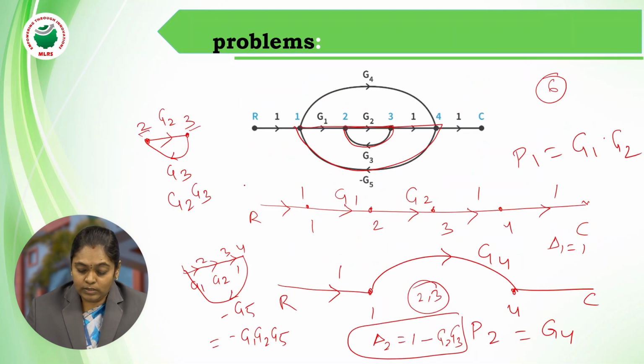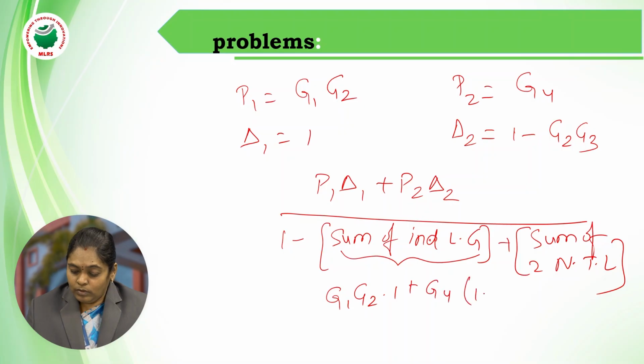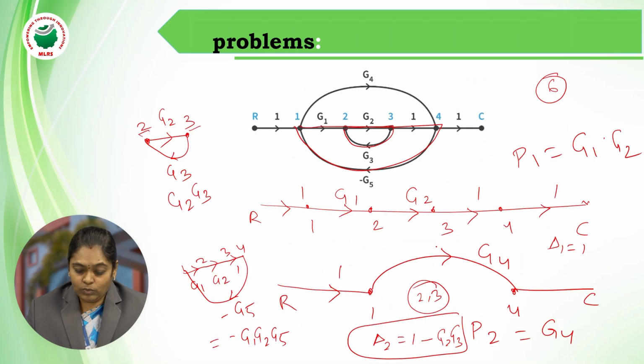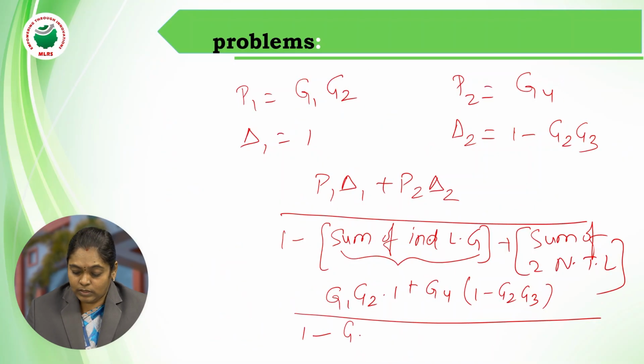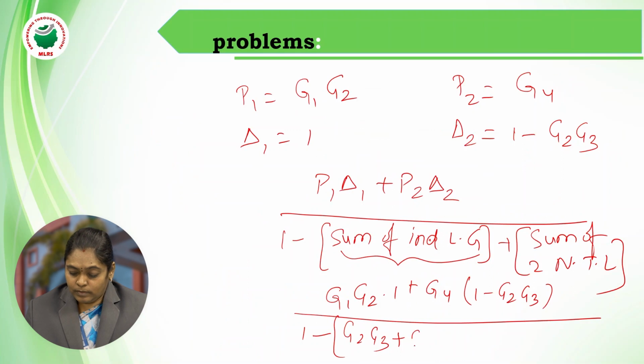One is G2, G3, and the second is minus G1, G2, G5. So G1, G2 into 1, P2 is G4, plus G4 into 1 minus G2, G3, by 1 minus, as 2 loops are there. The loop gains are, one is G2, G3, plus minus of G1, G2, G5.